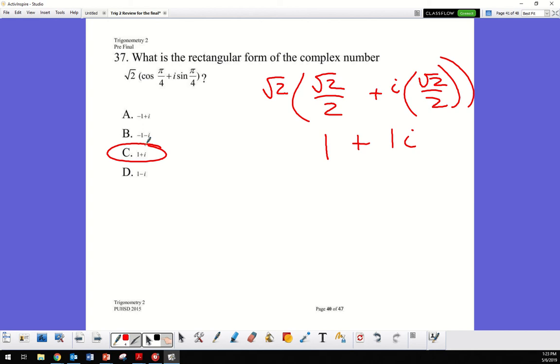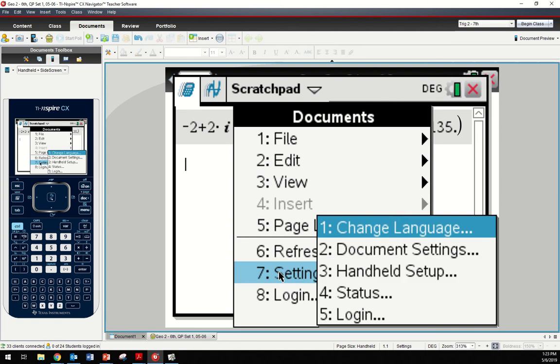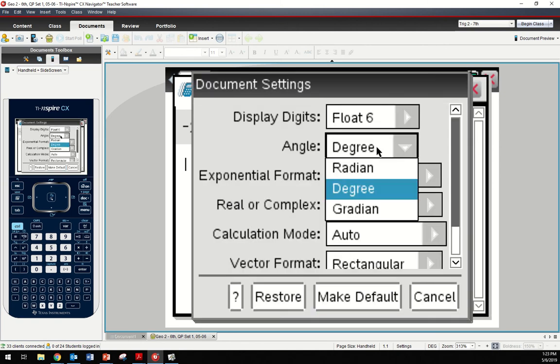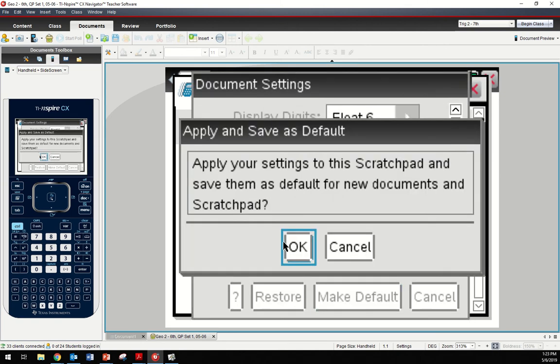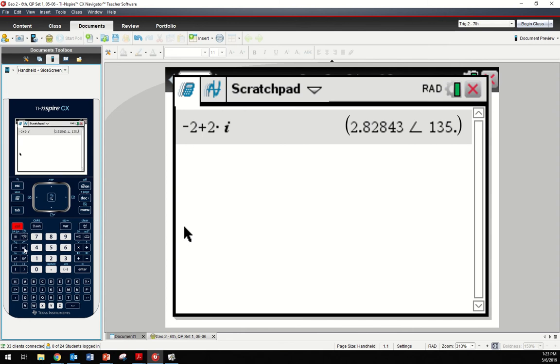Oh my god, it sounds so easy. So let's see if I can do this right. If I'm doing the calculator, I have to change what? The radian. Okay, so let's go ahead and it's going to be my radius, which was root 2, right?